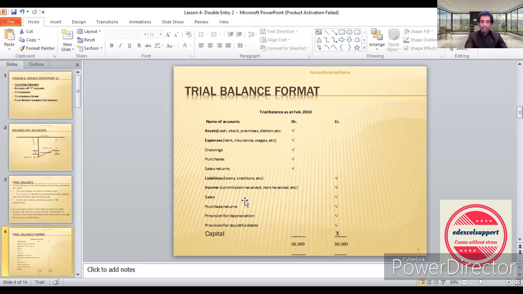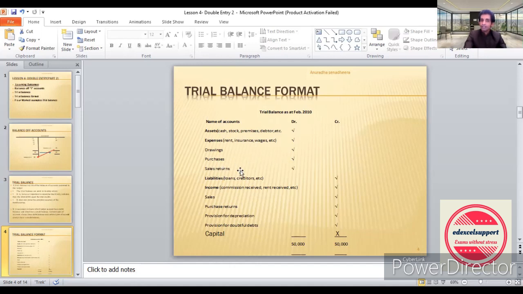But I have given you some items which sometimes you find difficult to identify as debit or credit. Now, drawings is an expense, so it's debit. Purchases, it's an expense, so it's debit.